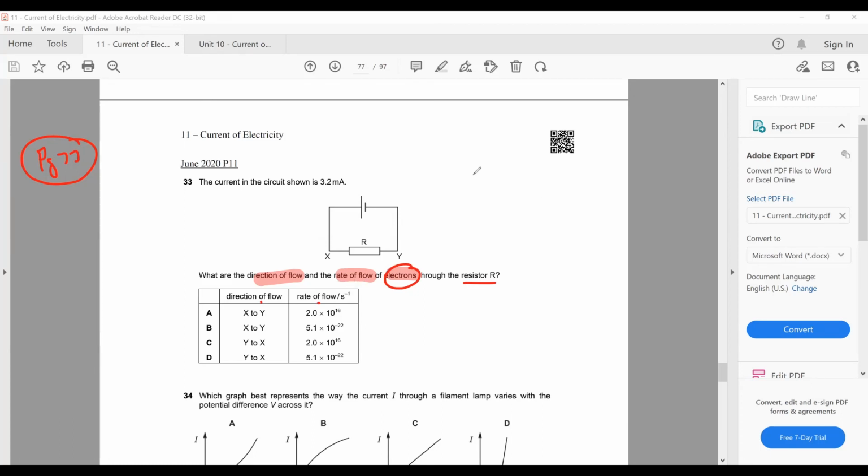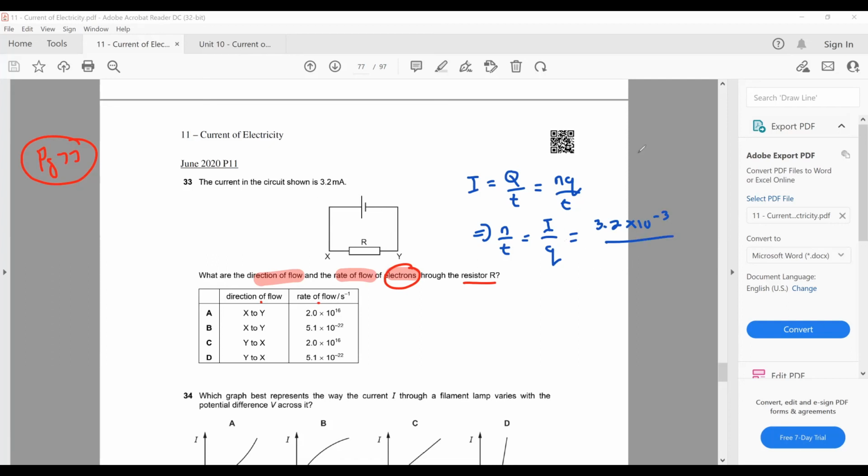So what you learned was I equals Q over T, which is N times Q over T, giving you N over T equals I divided by Q. Current is 3.2 milliamps, change to ampere, so times 10 power minus 3.